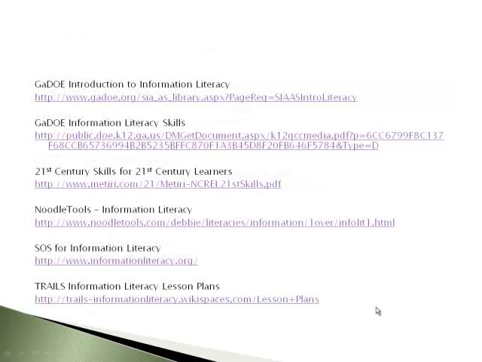And here are some more web pages where you can go to get information, skills, ideas, all dealing with the concept of information literacy. Note the Noodle tools. If you get a chance, go there. It's a wonderful use of a free Web 2.0 concept on information literacy.